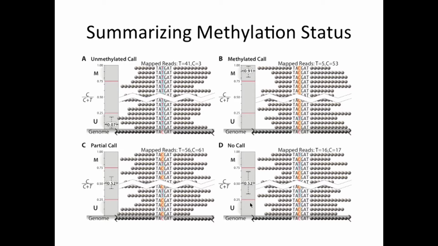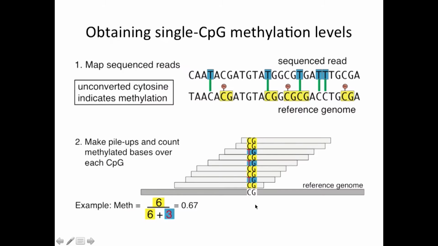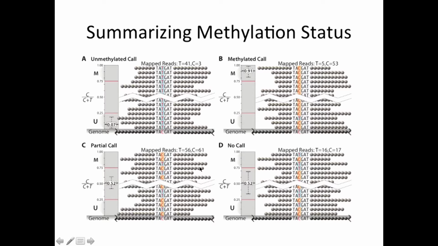And then we can call something as partially methylated. If we have enough reads covering the site, we can statistically, confidently call partial methylation, where you have maybe 50 and 50%. It's very rare to have that unless it's allelically methylated, but in some cases you do have partial methylation where you see 50% Cs and 50% Ts at a given site.